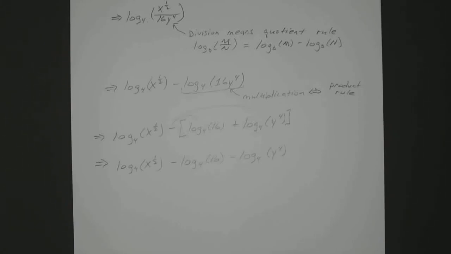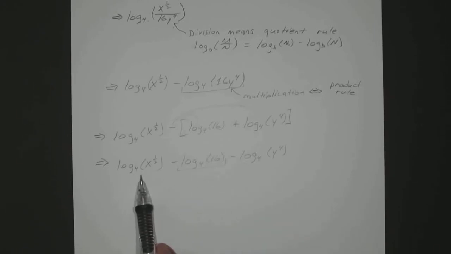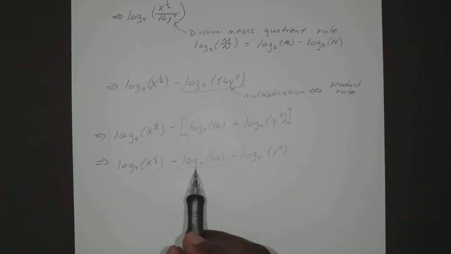So this looks like it can actually be simplified. We can always use the power rule for those two, but I'll save that for the last step. It doesn't matter when you do it.